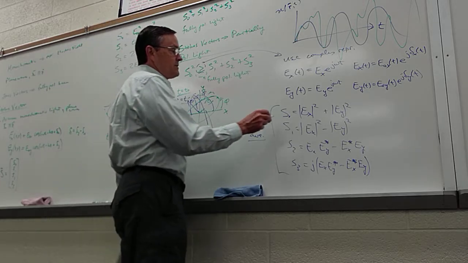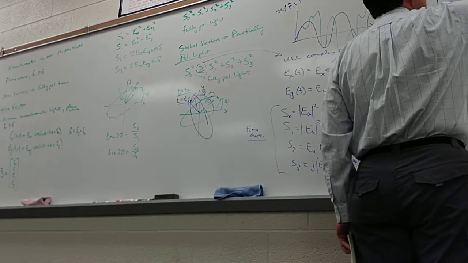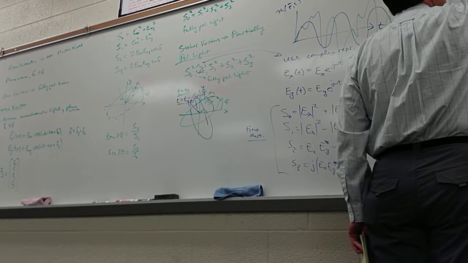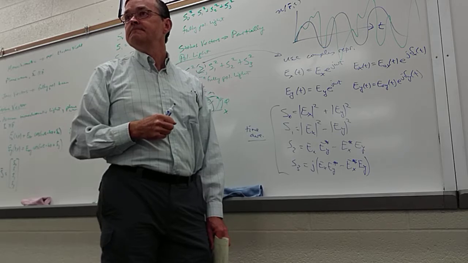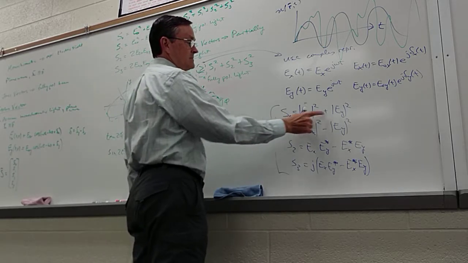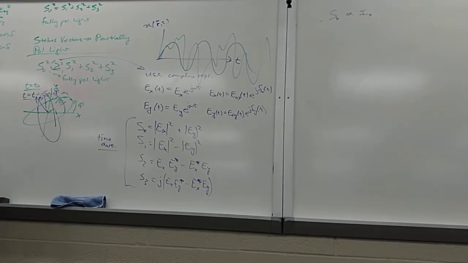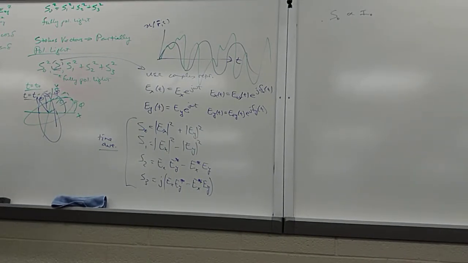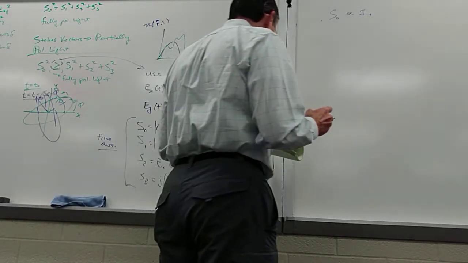For the Stokes vector component S0, notice that it is proportional to the irradiance of the beam. Because we take this and divide by 1 over 2 times eta, it is the irradiance of the beam. Okay, great.